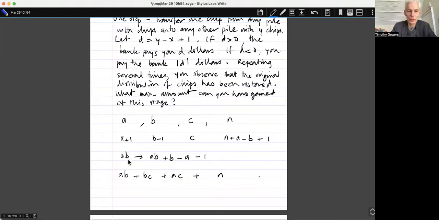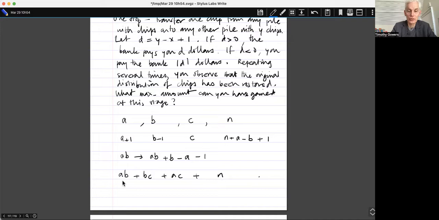And then I realized that the effect on the product of adding 1 to A and subtracting 1 from B was to add B minus A minus 1, which is precisely minus what you get compensated for from the bank. So a good invariant was going to be the sum of the 3 products plus the amount of money you've got. And it was a quick check that that was indeed the case.